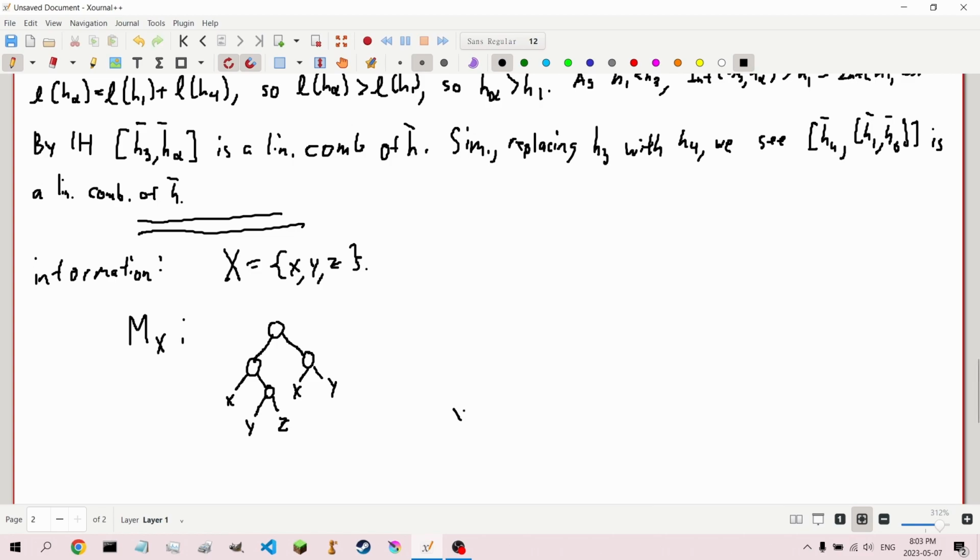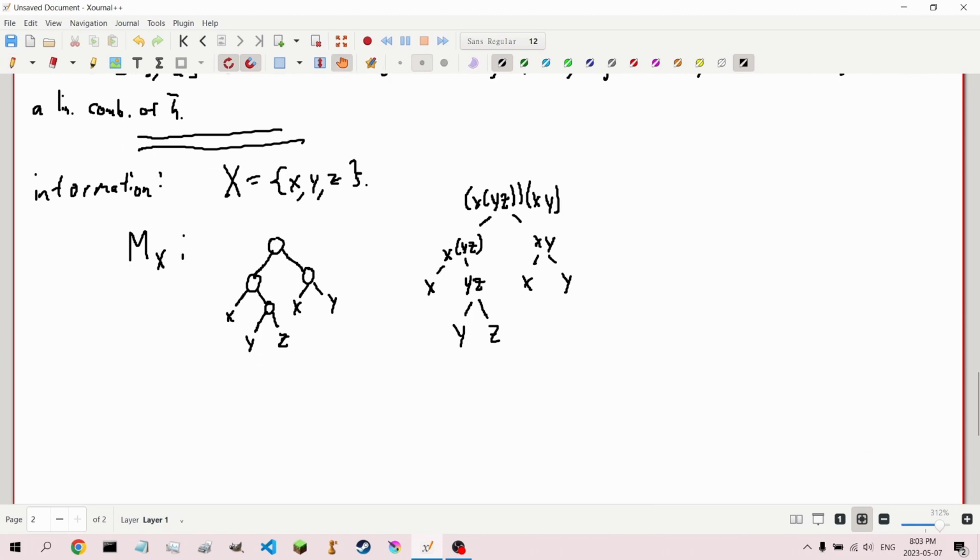If you're combining two elements from X itself, you can just write them like this. Otherwise, you need to bracket where they came from. If both have more than one term in them, this is what elements of the free magma look like, essentially.